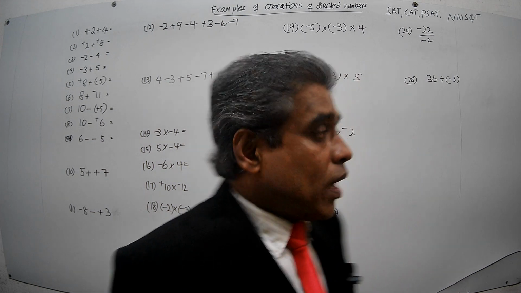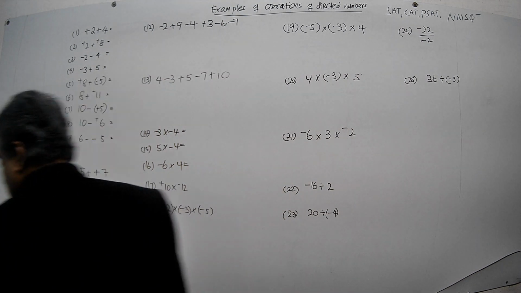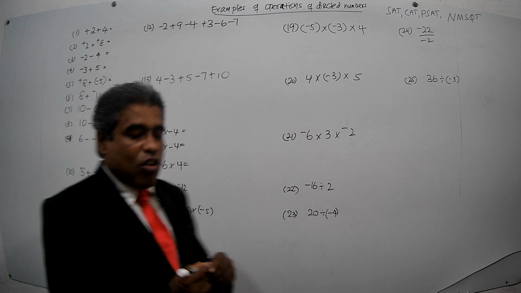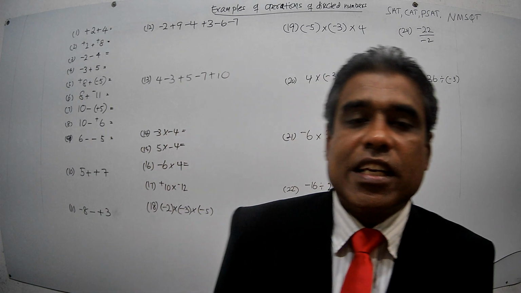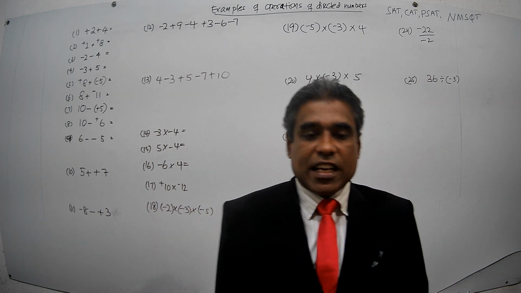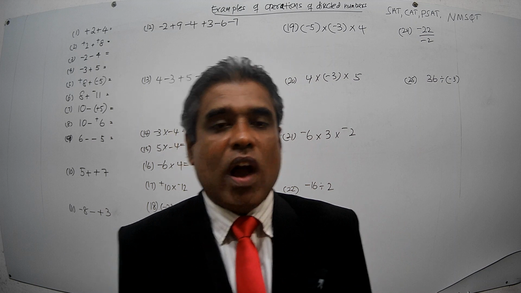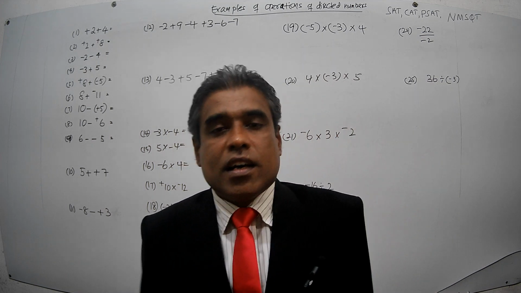And look at the first one. First one is plus 2 plus 4. Now, we have already discussed the rules of operations of directed numbers in the first video. The link of that has been mentioned in the description below. Go through that video and you'll be able to know the rules.